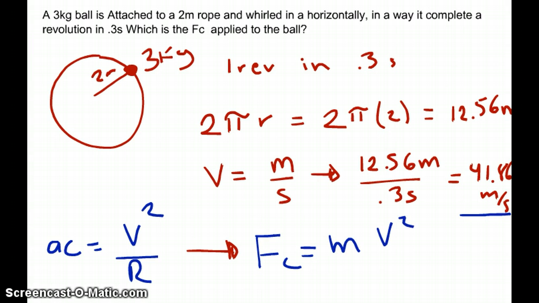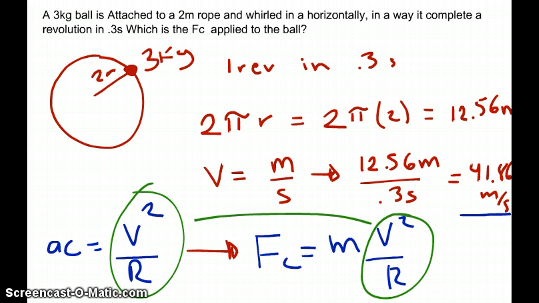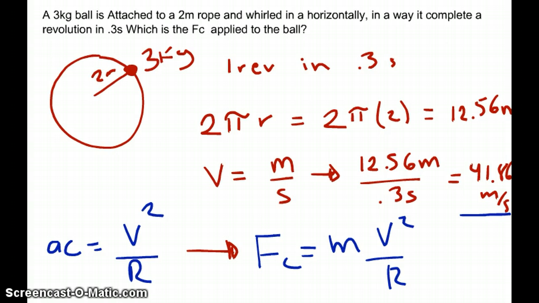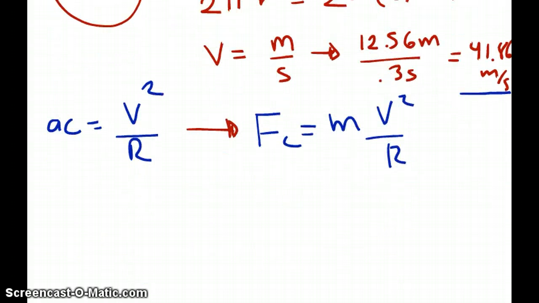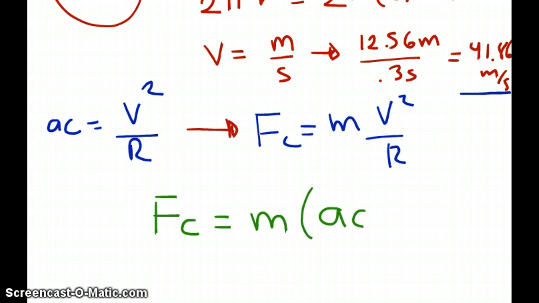As we can see, we have the same things on both sides, so we can change that v squared over radius for AC, the centrifugal acceleration. So our final formula will be centrifugal force equals mass times centrifugal acceleration.